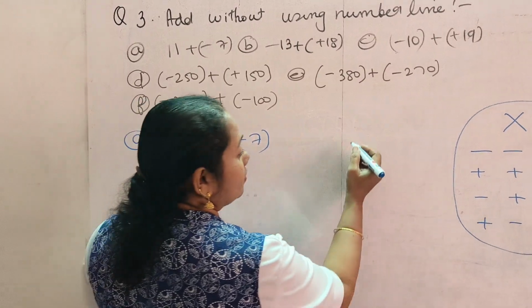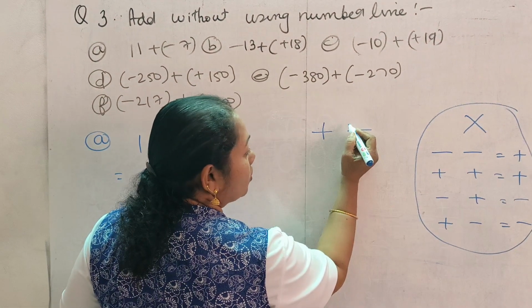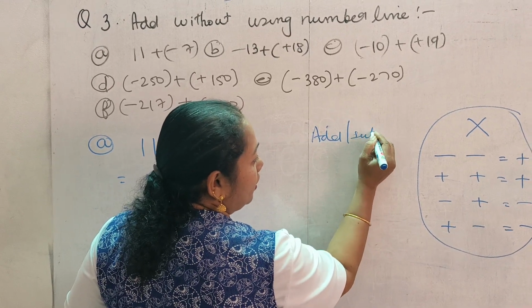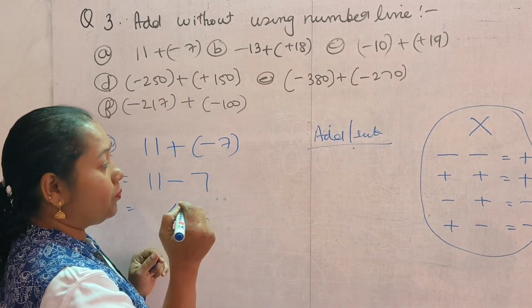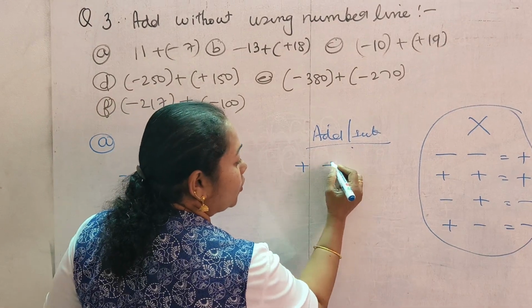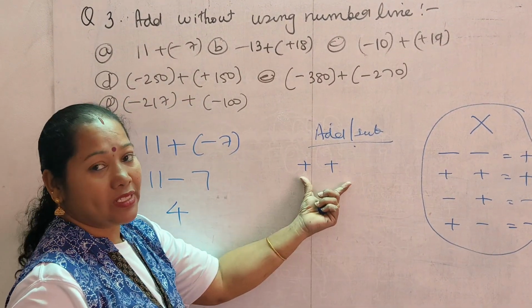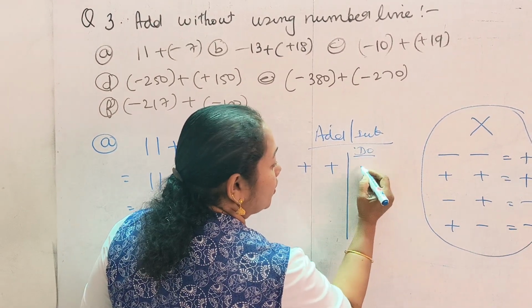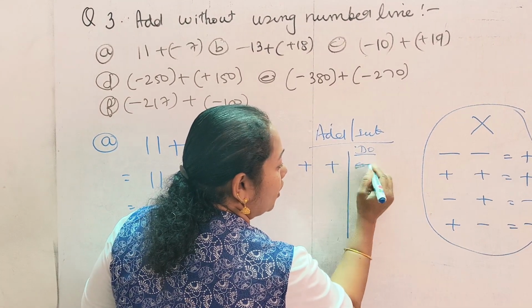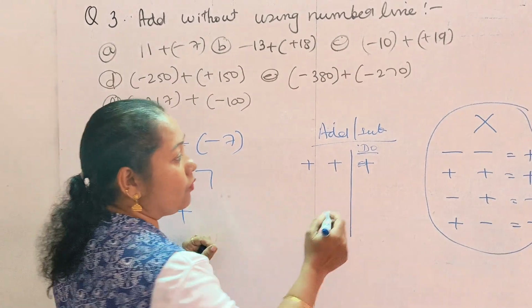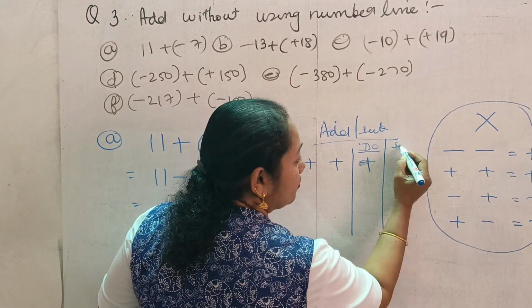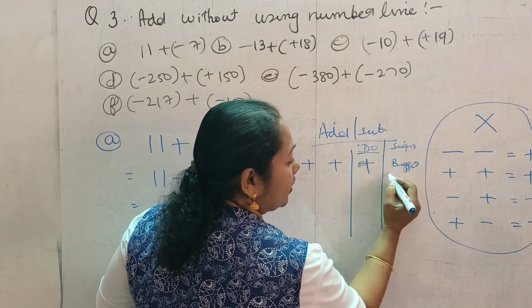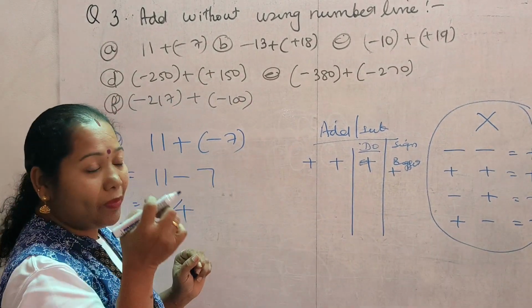In the case of addition and subtraction we have to follow this rule. If the two numbers are positive integers, then what we have to do? We have to add, we have to do the plus. And what will be the sign? It will be the sign of the bigger one. Here both are positive, so the positive sign will be there.